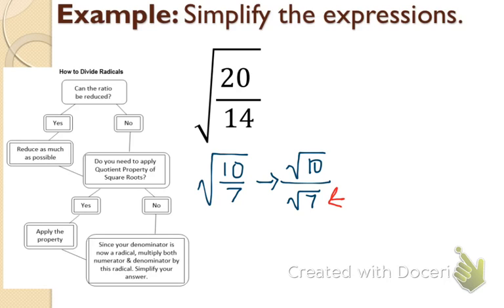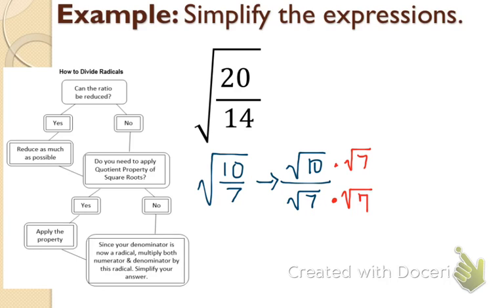what we do to avoid having radicals in the denominator is we're going to multiply. Now this is a strategy. The top and bottom, numerator and denominator, by the radical that is in the denominator. So in this case, this is my denominator, so I multiply the top and bottom by that number.